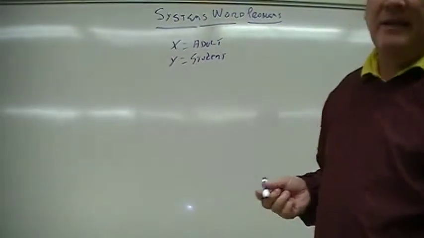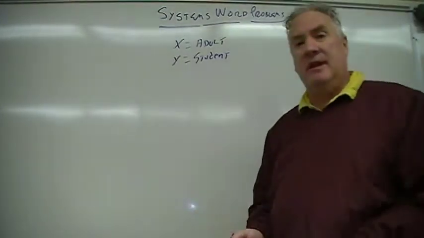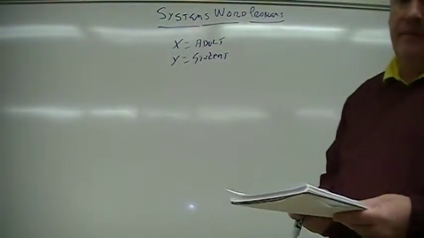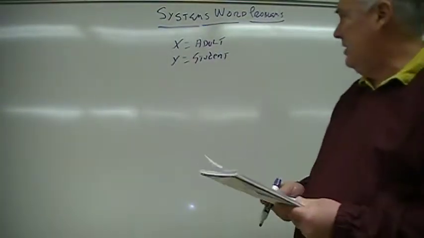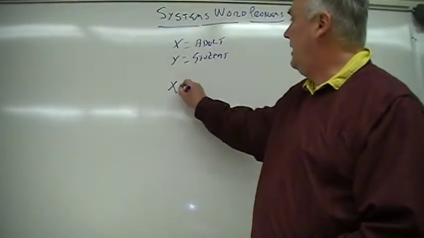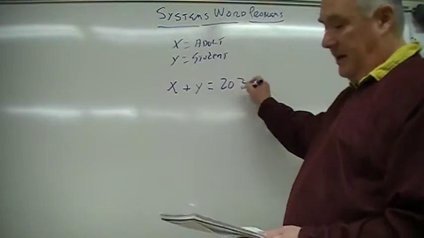If you put X equals student, Y equals adult, you would still get the same answer; one would be on top instead of the bottom in your answer. So, how many tickets? X plus Y equals 203.